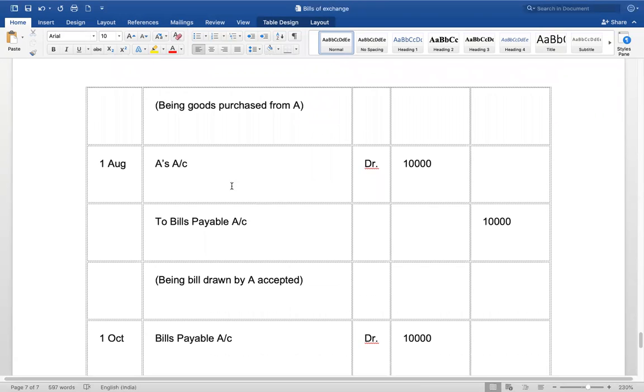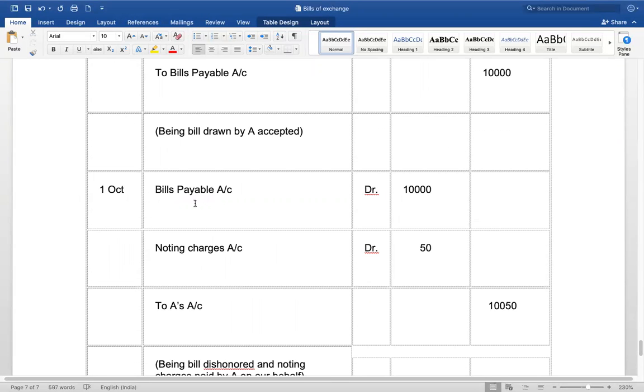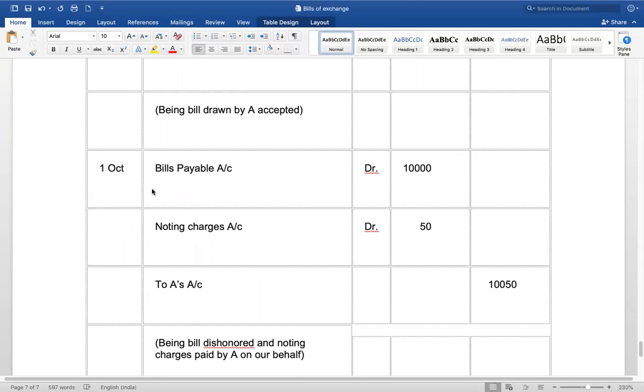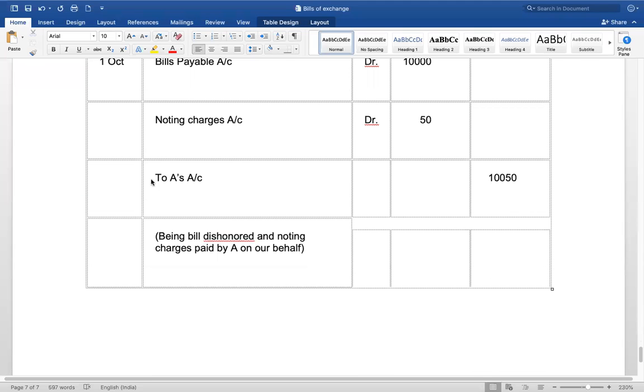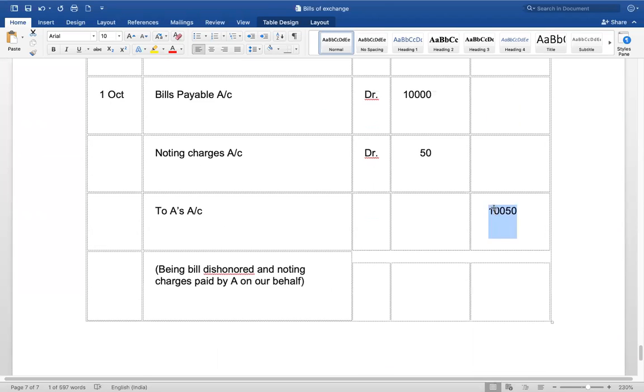And there's a bill drawn. A's account debit to bill payable 10,000, being bill drawn. And this bill is dishonored. Bill payable 10,000, noting charges 50 rupees to A's account. B is owing 10,050 rupees to A. That's it.